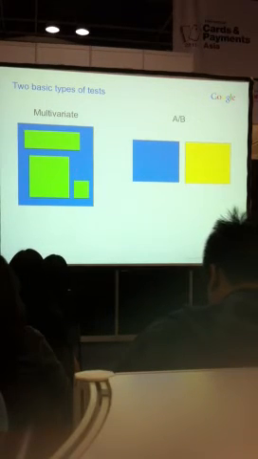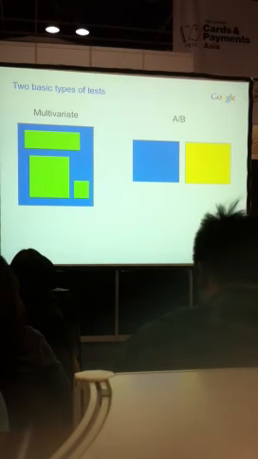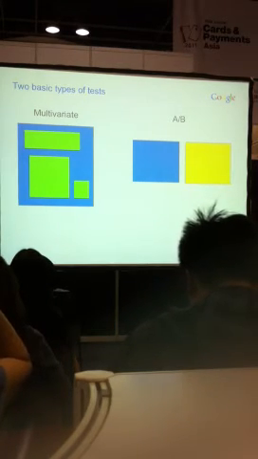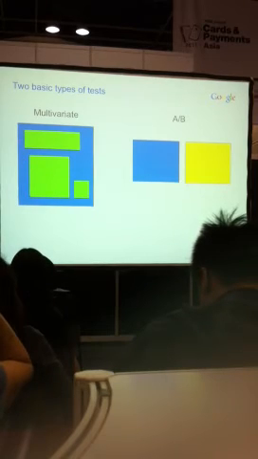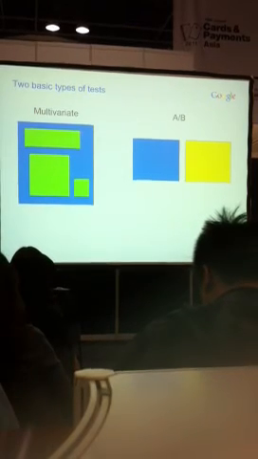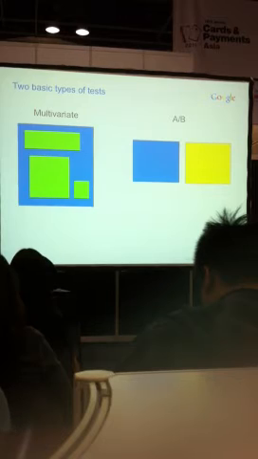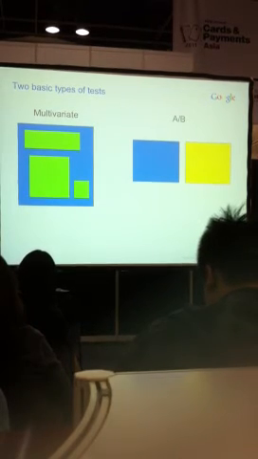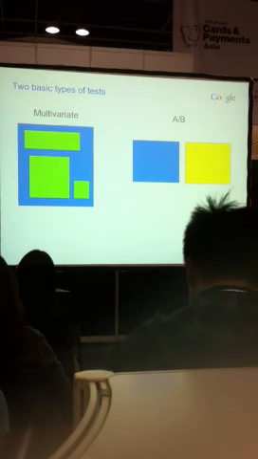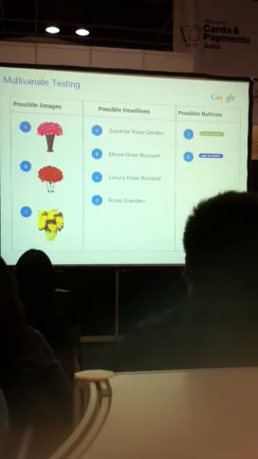Then we have another one which is a little bit more complex in terms of the statistics behind it, but it's called multivariate testing. So this is where you have a consistent site page layout, and you just test the different areas within the page. So if up here is a banner for your product, an image of your product, you might try 4 or 5 different versions of that image to see which one works.